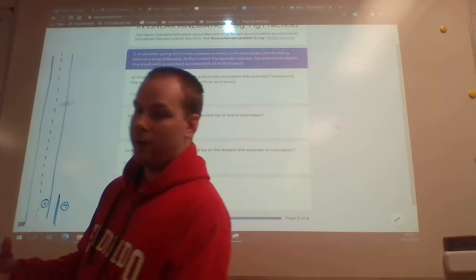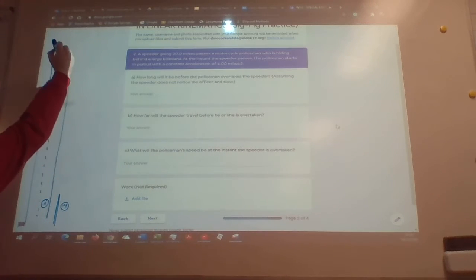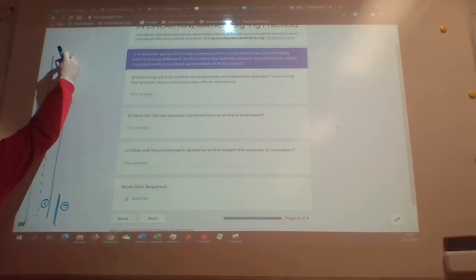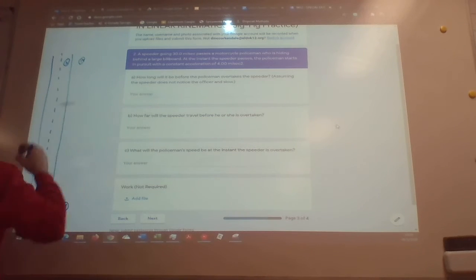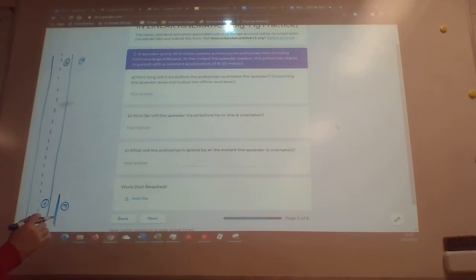So at the end of this, up here, our speeder and our motorcycle cop are going to be at the same spot again.